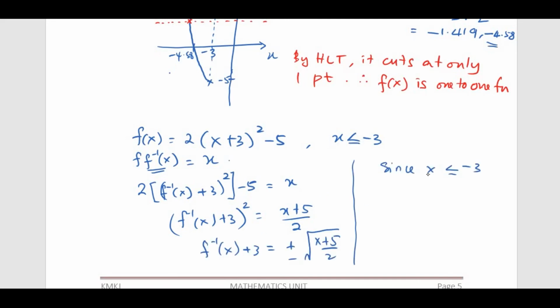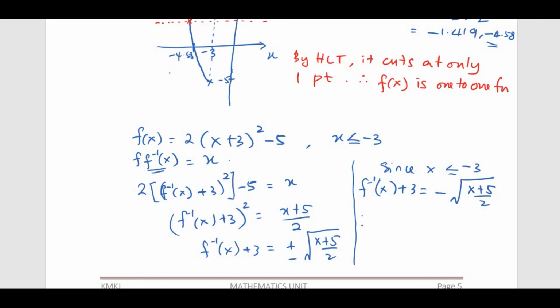Since x is less than or equal to negative 3, you must take the negative sign of the square root of (x plus 5) over 2. So therefore you can write f inverse of x plus 3 is equal to negative square root of (x plus 5) over 2.